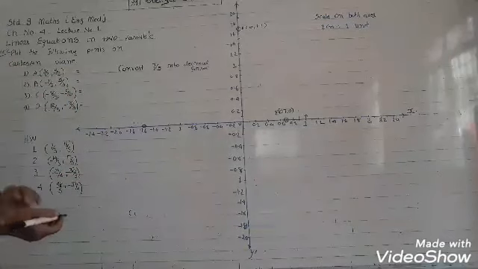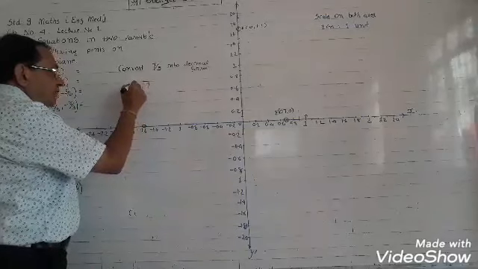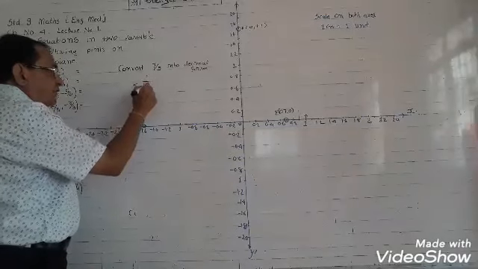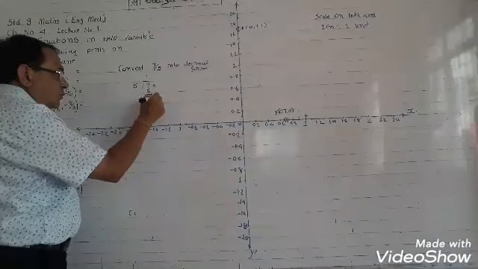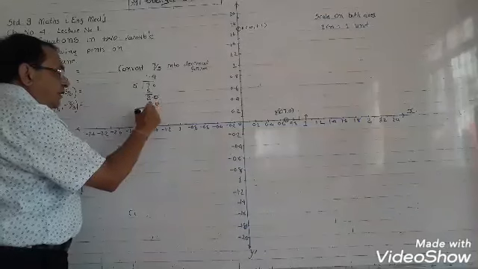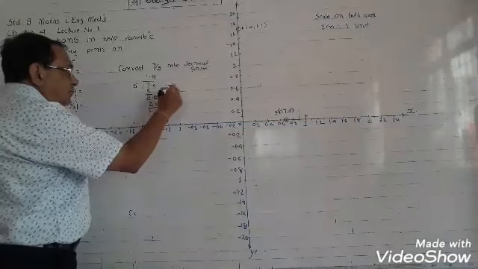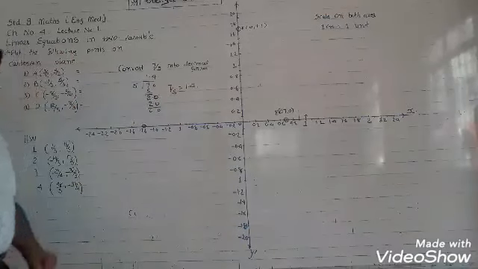Do you know how? So 7 divided by 5. 5 ones are 5. 2 0, 4 fives are 20. So 7 upon 5 is equal to 1.4. Get it?